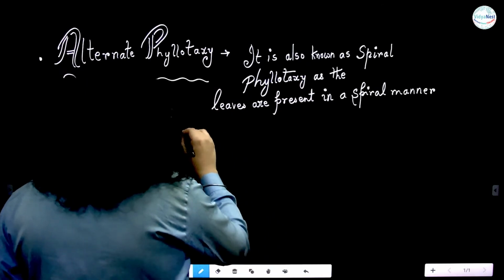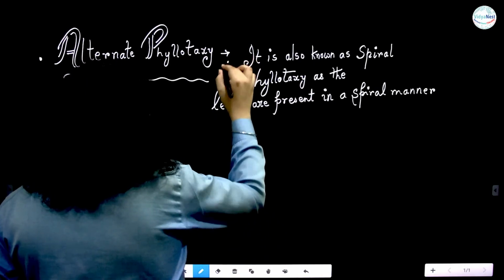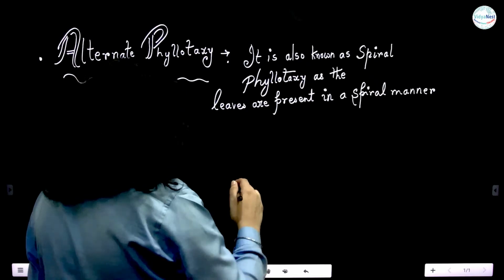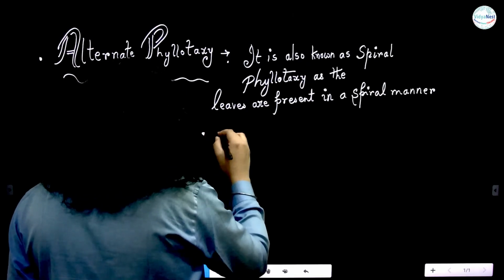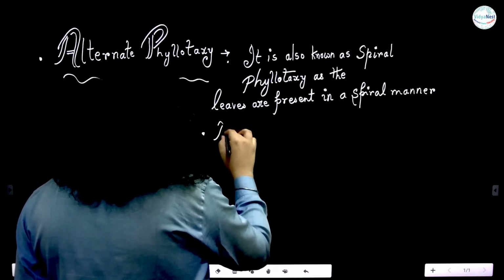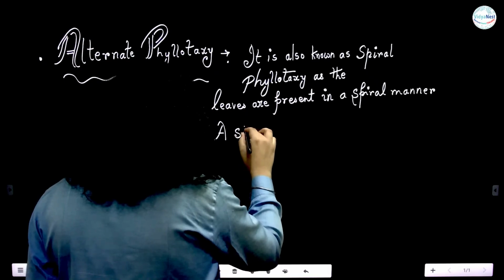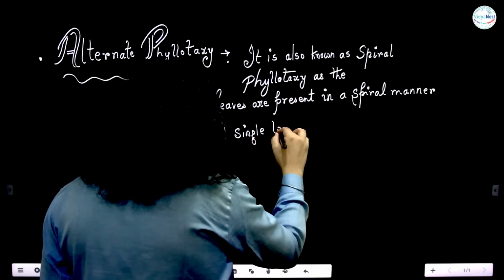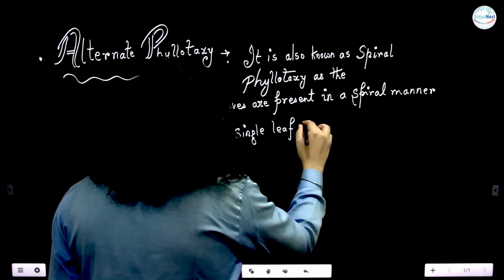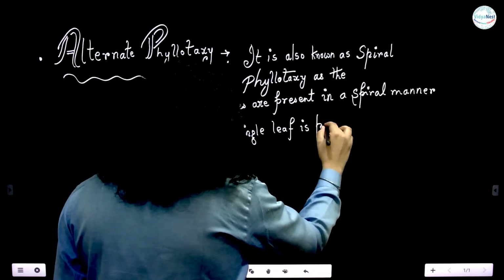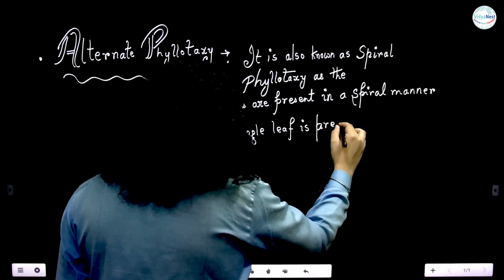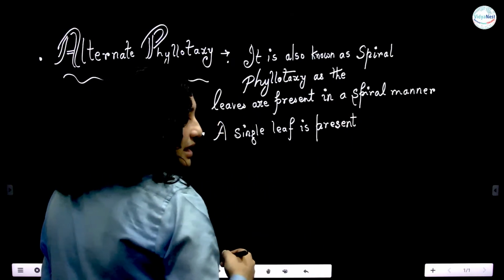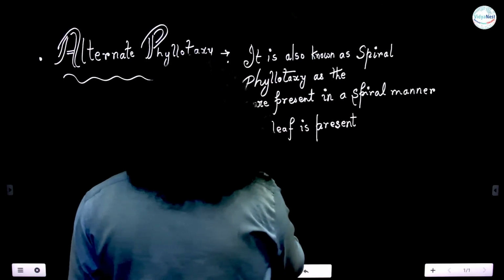That means each node bears a single leaf, a single leaf is present at a single node.